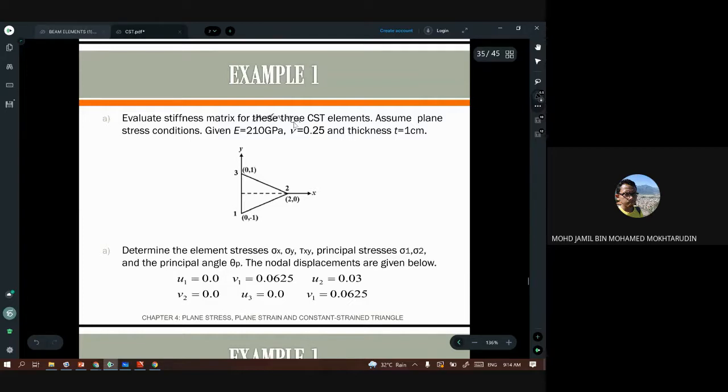Assume plane stress. So here the question says plane stress, so we know which D we need to use. Given E, the Young modulus, is 210 gigapascal and the Poisson ratio is 0.25. And the thickness of this element is 1 cm.